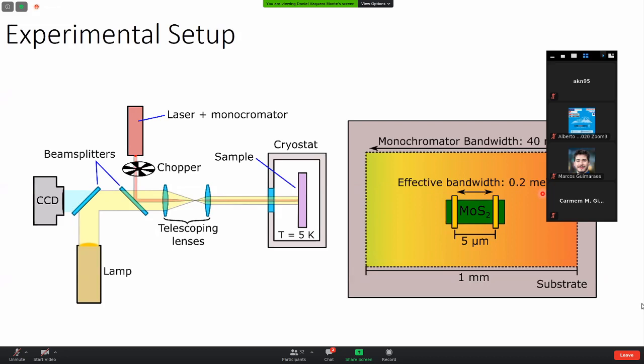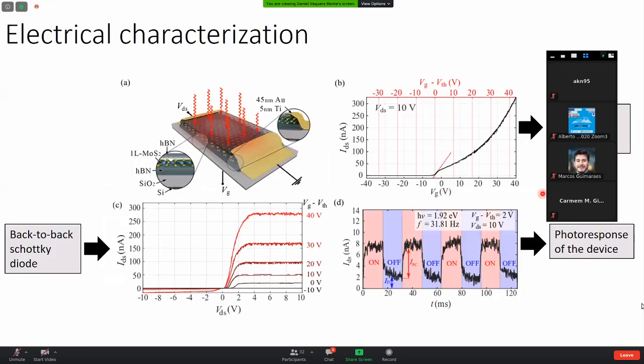Once we have the setup, we start our measurements by characterizing the electrical response of the device. Here in figure A, we have a representation of our device, and we have marked the two-terminal electrical configuration of the measurements.